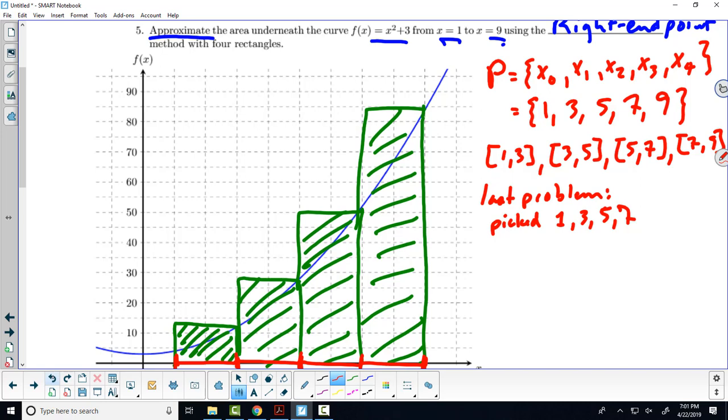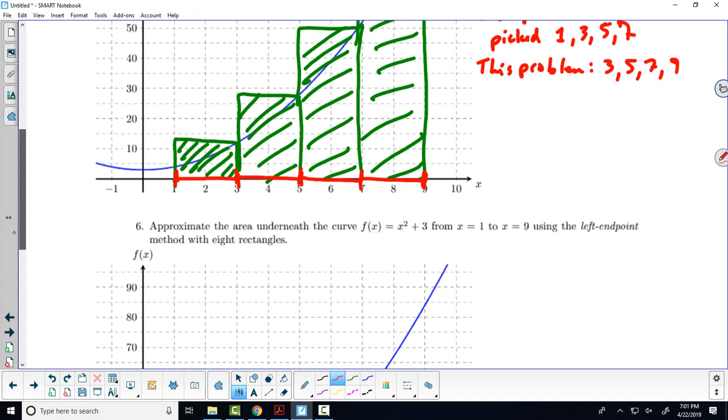In this problem, we're going to pick the right values, 3, 5, 7, and 9, using the right endpoints of the intervals. Okay? This abstract way of doing this problem is really helpful when you have graphs that you can't really work with. You have extremely complex functions, you can still do this procedure.